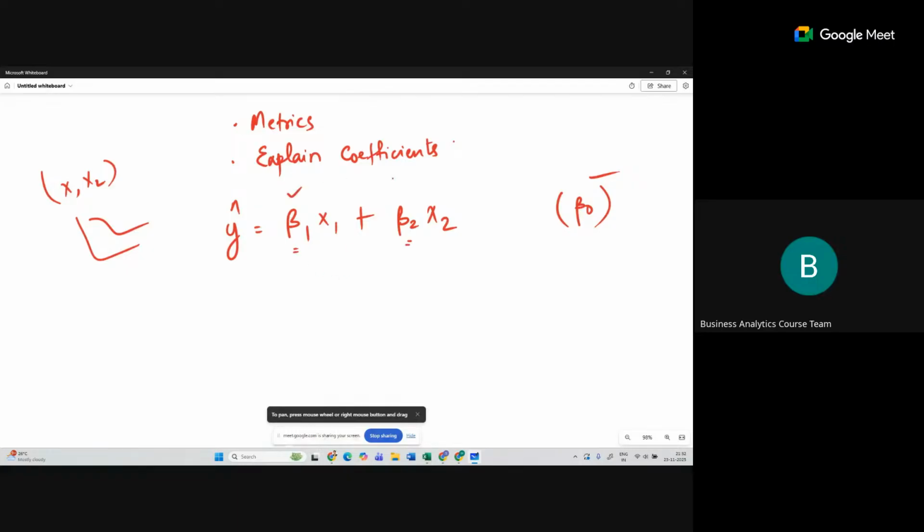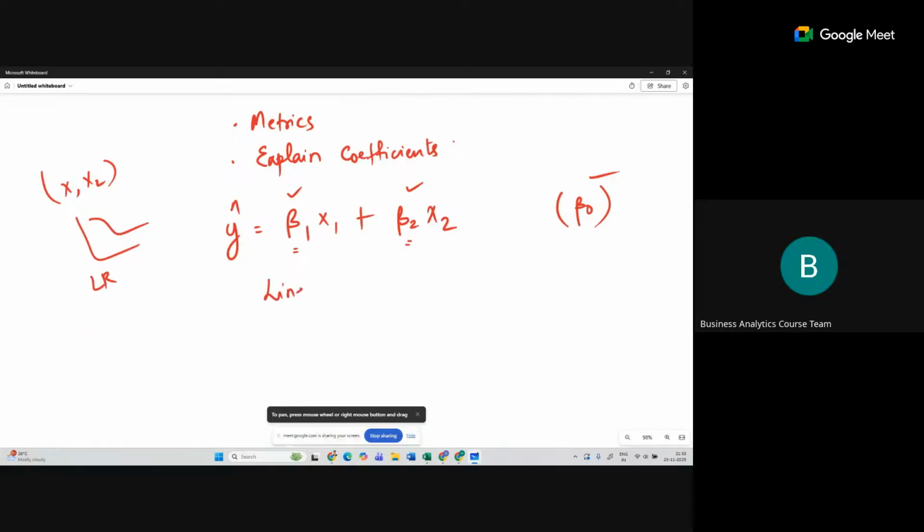Can you define beta 1 and beta 2 for logistic regression? Before that, can you define it for linear regression? Is it something like, for a unit change in x1, how much will y cap change?